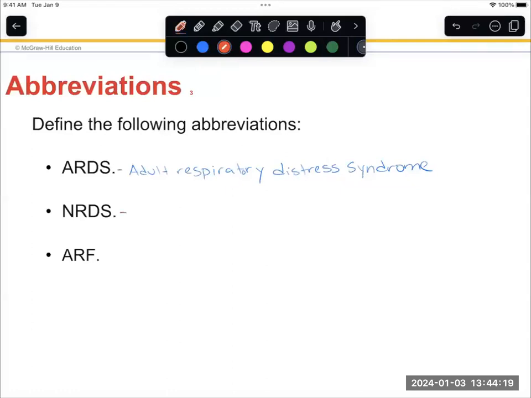NRDS, neonatal respiratory distress syndrome. This is where those immature alveoli in newborns are going to collapse, resulting from a premature birth, and they don't have enough surfactant yet.